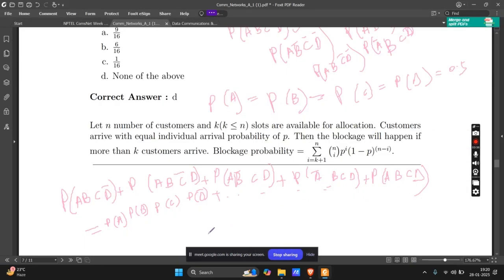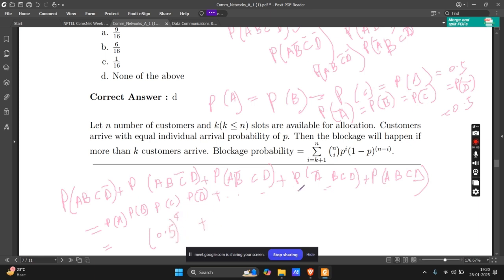So PA, PB, PC, PD are all 0.5. And since it is 0.5, of course PA bar, PB bar, PC bar, PD bar are also all 0.5. So everything is 0.5. This term has four 0.5s, so 0.5 to the power 4.